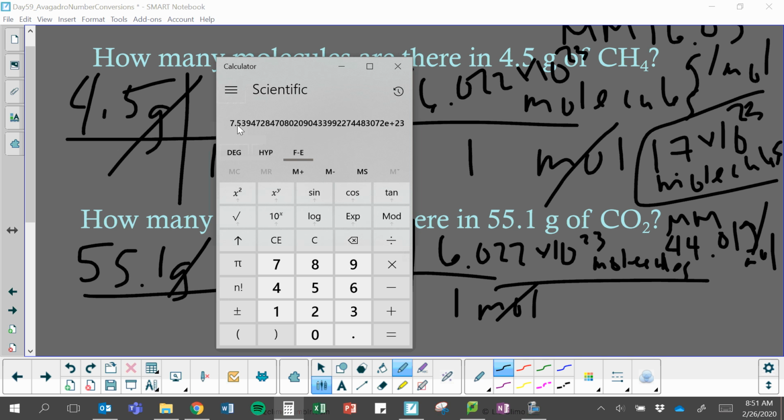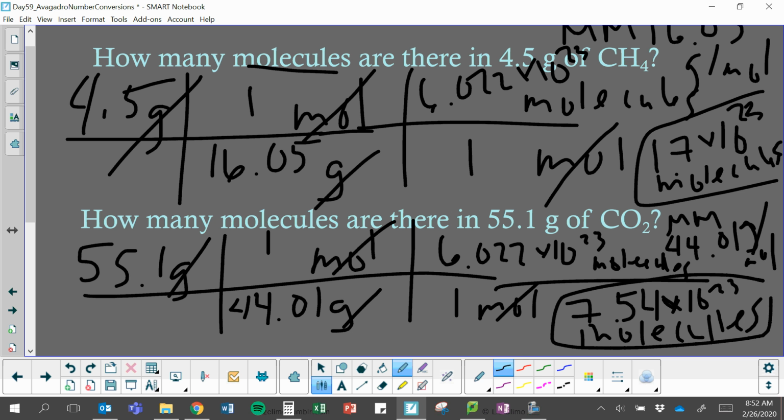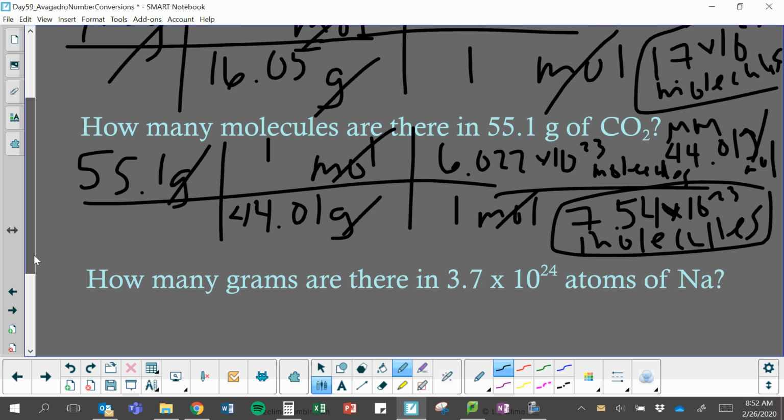So we're going to write 7.54 times 10 to the 23rd molecules. Okay, so that's how we get from grams to molecules.